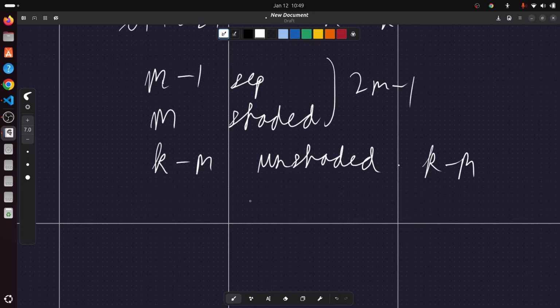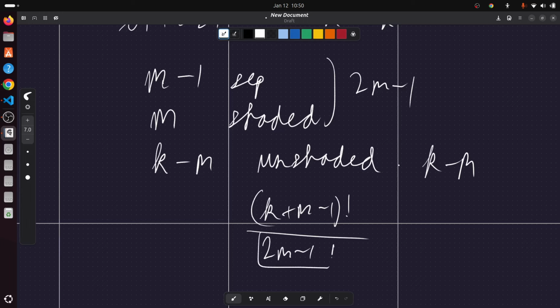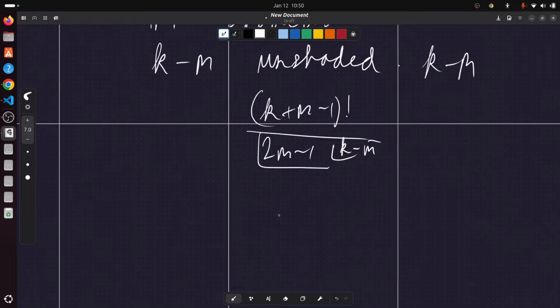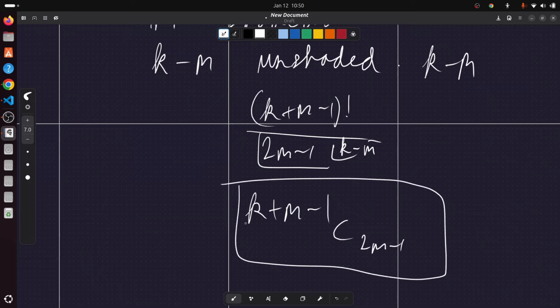So the number of ways would just be (k plus m minus 1) factorial divided by (2m minus 1) factorial into (k minus m) factorial, right? That is, I can write this as k plus m minus 1 C 2m minus 1. Okay, so this is the answer.